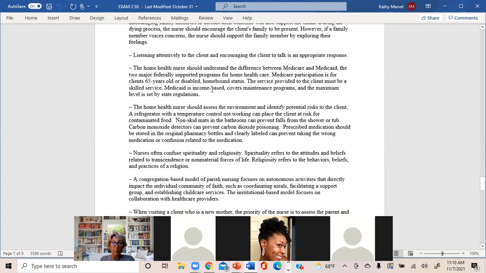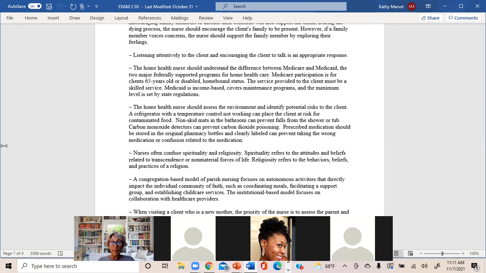So back to home health, please go into chapter 30 and look at your box of differences between Medicare and Medicaid. It's really important for home health nurses to be aware of that. We know that there are two major federally supported programs for home health, right? And this gives you a little bit of an understanding of the differences. Medicare is for the older clients or the disabled or the homebound.